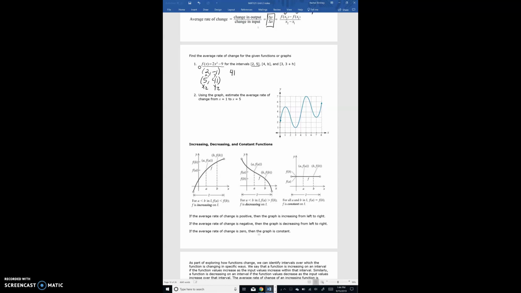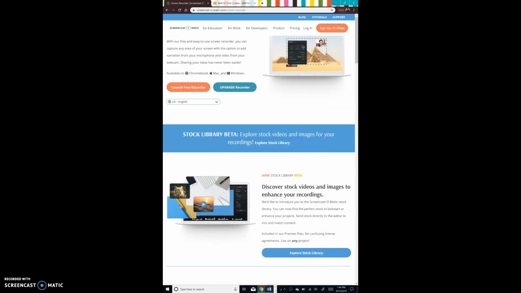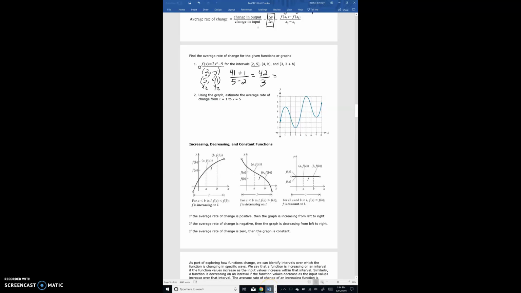So 41 minus -1 is the same as plus 1, over 5 minus 2. So I get 42 divided by 3. So the average rate of change between 2 and 5 for 2x squared minus 9 is, I think 3 can go in there 14 times.